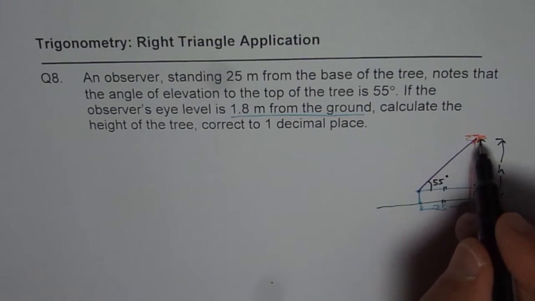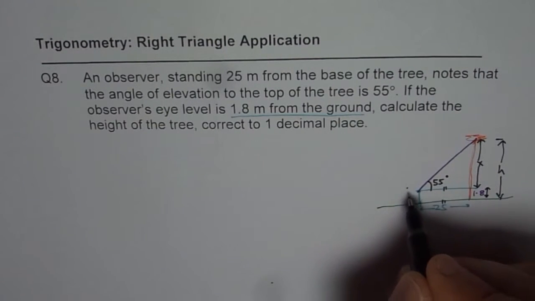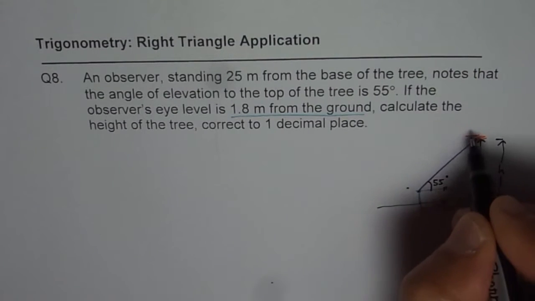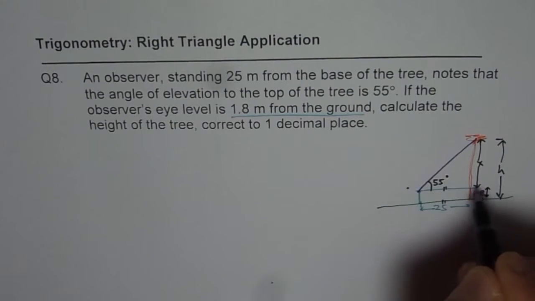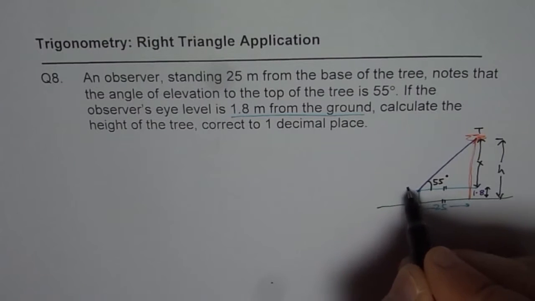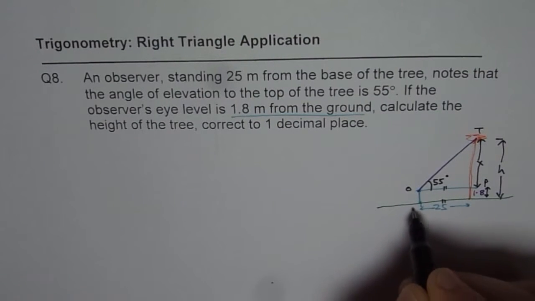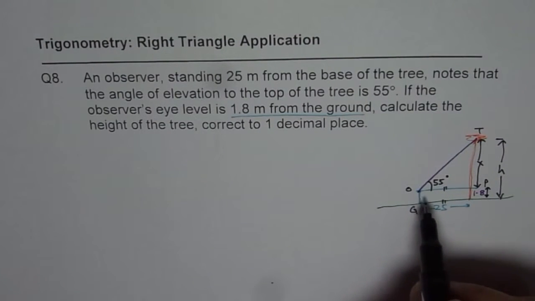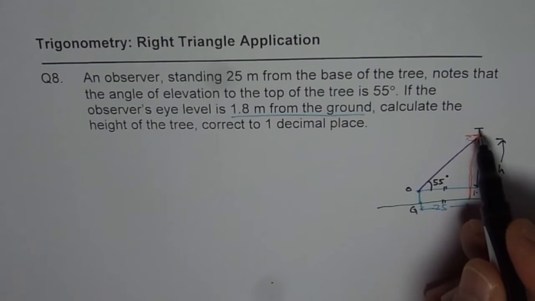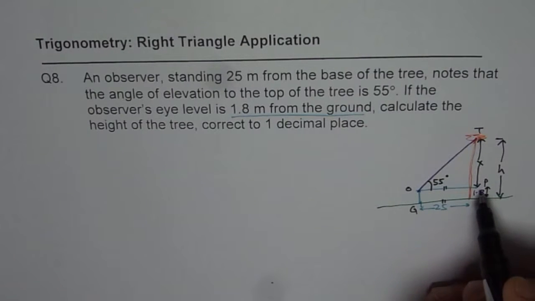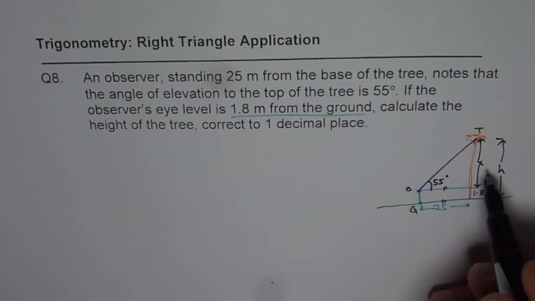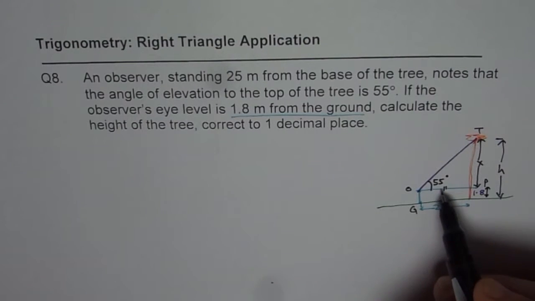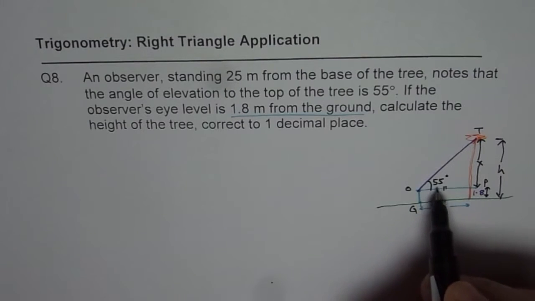Now looking into the triangle, let's say this point is top, T-O-P, right? Okay. Let's say ground. In that case, we can find TP from tan theta. Why? Because opposite side and adjacent sides are involved when we refer to 55, correct?